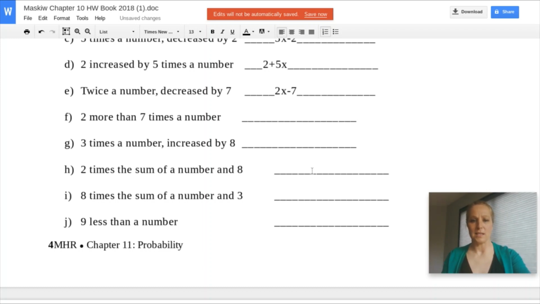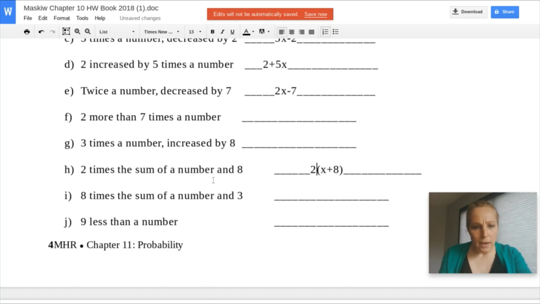Well, what I'm going to do is put some brackets in here, and I'm going to put x representing that number, the sum of that number and 8. There we go. And I'm going to do 2 times that. Well, all I'm going to do is go back to the beginning of my equation and represent that I have 2 times the sum of a number and 8.